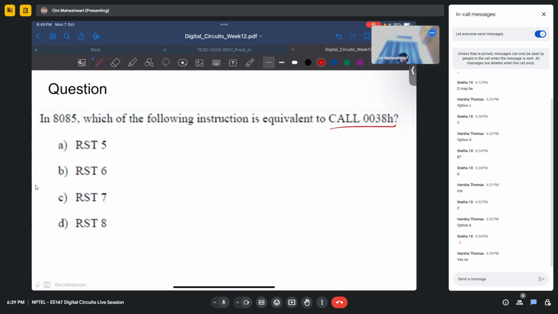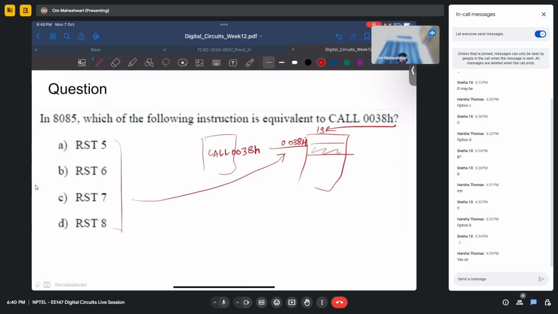Whenever you call 0038H in a program, it will go to this 0038H memory location and start to do whatever is written there. And as you know, in our interrupt signals also, if any of these interrupts corresponds in its ISR to this address, then it will do the same thing. So we need to identify which of these points to the address 0038H.